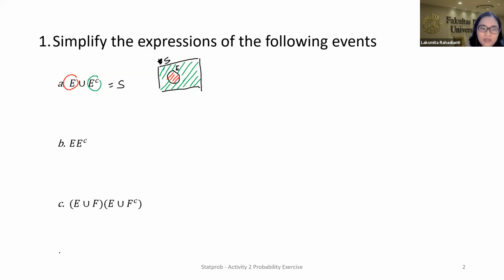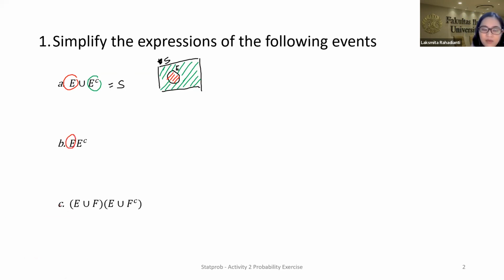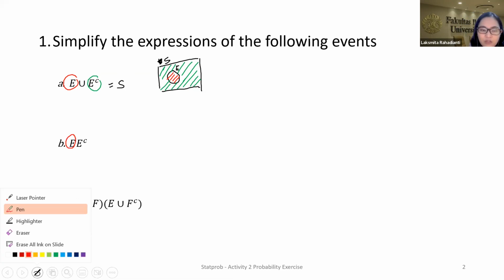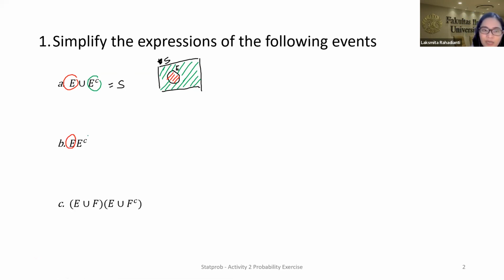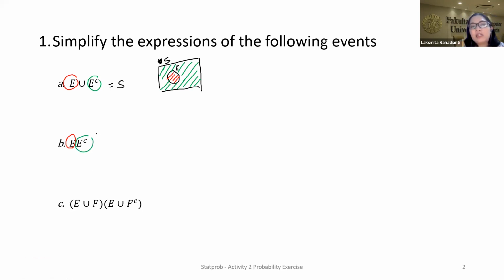Okay, next, we are once again looking at E, the same thing from the same Venn diagram that I drew on top. And then we're also looking at E complement over here. Instead of the union, where we were joining together, we're taking the intersection.